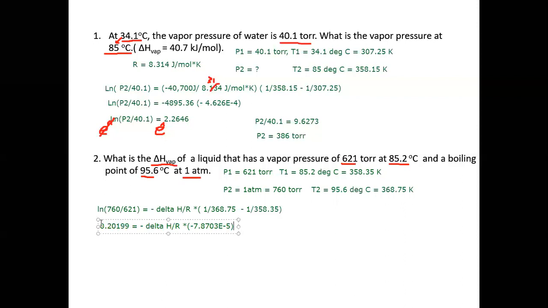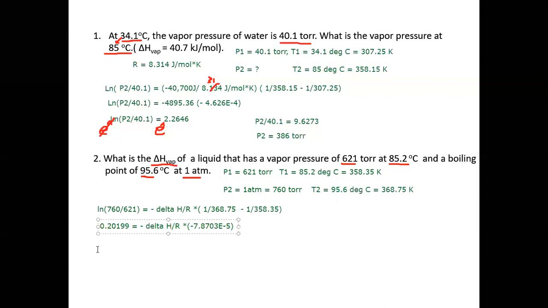Let me double check my work. Oh. So now we're going to move this negative 7.8703 times 10 to the negative 5th to the other side by dividing both sides by this number.